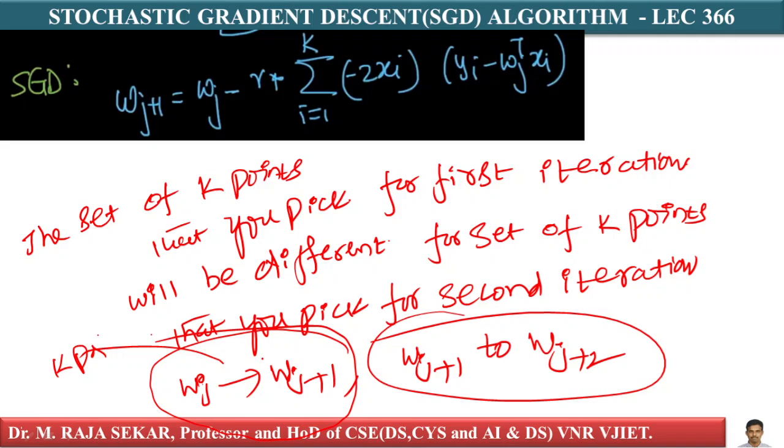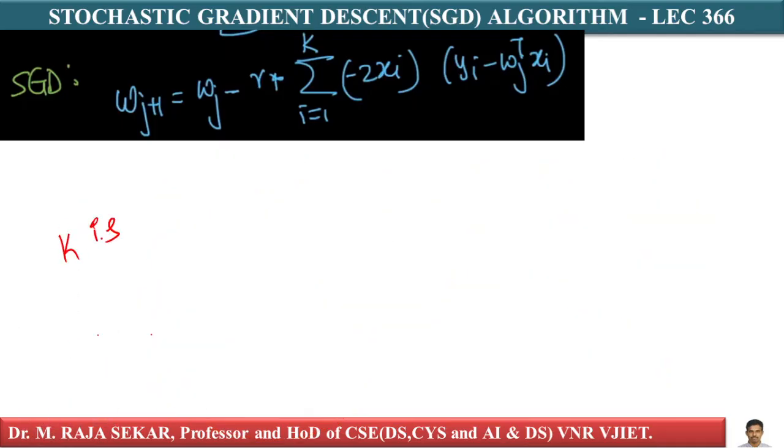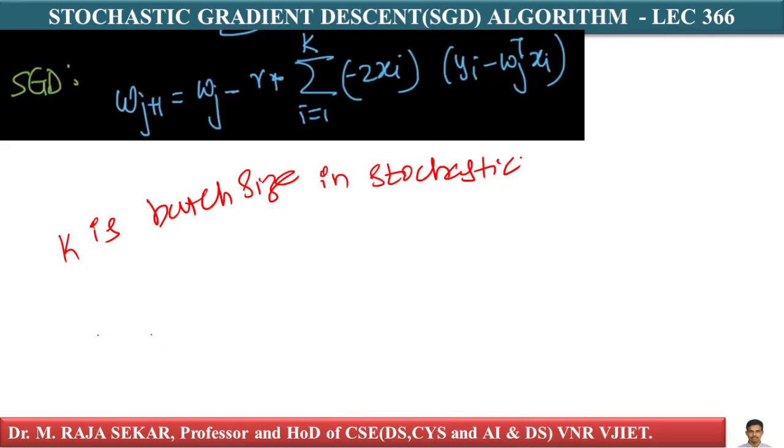So the interesting part here: k is often called batch size. In stochastic gradient, k is the batch size, because you are taking a batch of k random points.